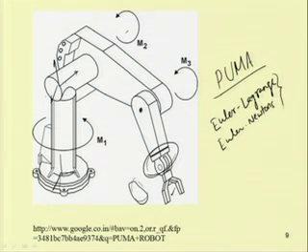We have not studied the Euler-Lagrange or Euler-Newton formulation; the interested reader can read those things from robotics related books. In this case we have one moving coordinate system and a fixed coordinate system. This is the fixed coordinate system, and in addition we have this moving coordinate system.